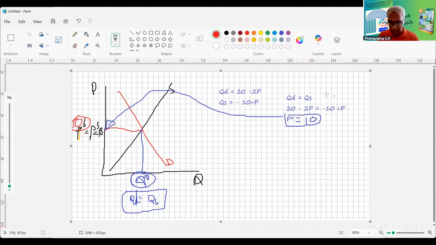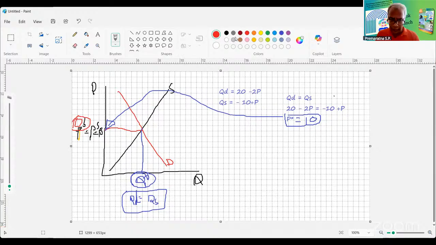Now, most of you know this, but still, maybe you forgot, or maybe this is the proper way. I calculate it, and now you know the market price.